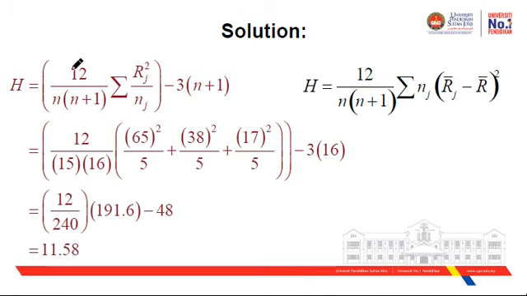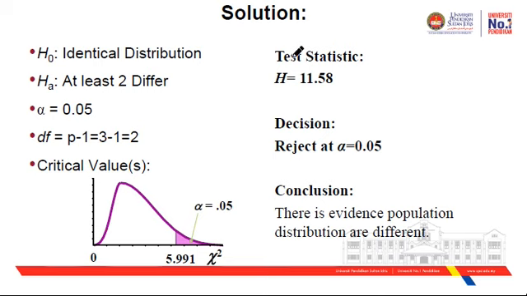Okay, so what you need to do is compare this H value, the test statistic, with the chi-square. Since your chi-square is 5.991 and your test statistic 11.58 falls in the rejection region because it's greater than 5.991, the decision is we reject H null at alpha 5%. So what is the conclusion?